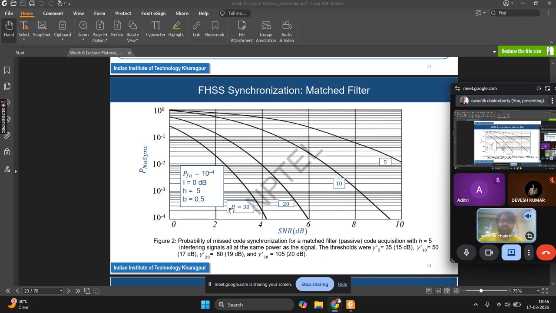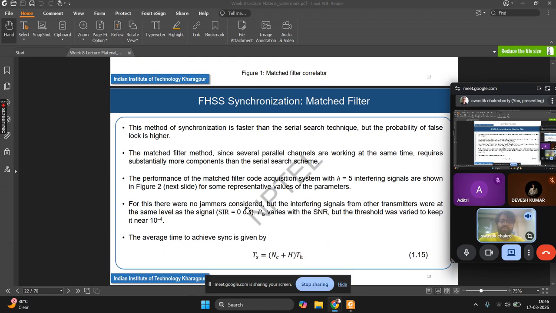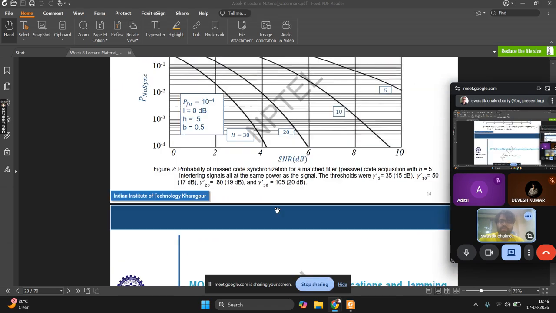Further, if you change the total number of available hops, in this one you have 5, here you have 10, then 20, then 30. For this there were no jammers. The average time taken is for sync.